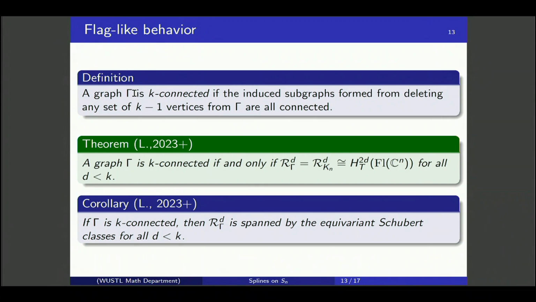So a graph gamma is k-connected if and only if the modules at the dth graded piece are equal to the one for the complete graph for all d strictly less than k. And as a corollary, if gamma is k-connected, then the dth graded piece of our gamma is going to be spanned by the equivariant Schubert classes that we got from just the cohomology theory.